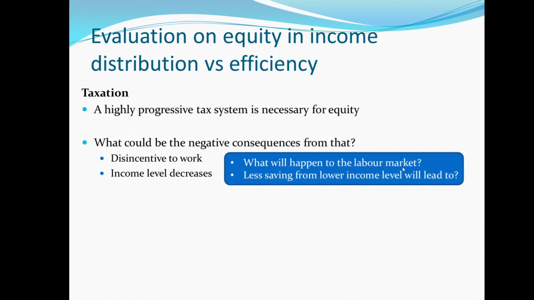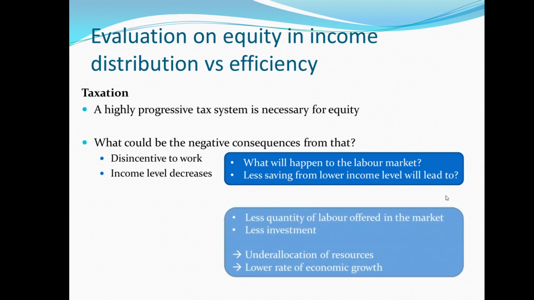What will happen to the labor market if there's less incentive to work? We are going to expect less labor in the market. If the income level is decreasing, there'll be less saving, so potentially less investment.